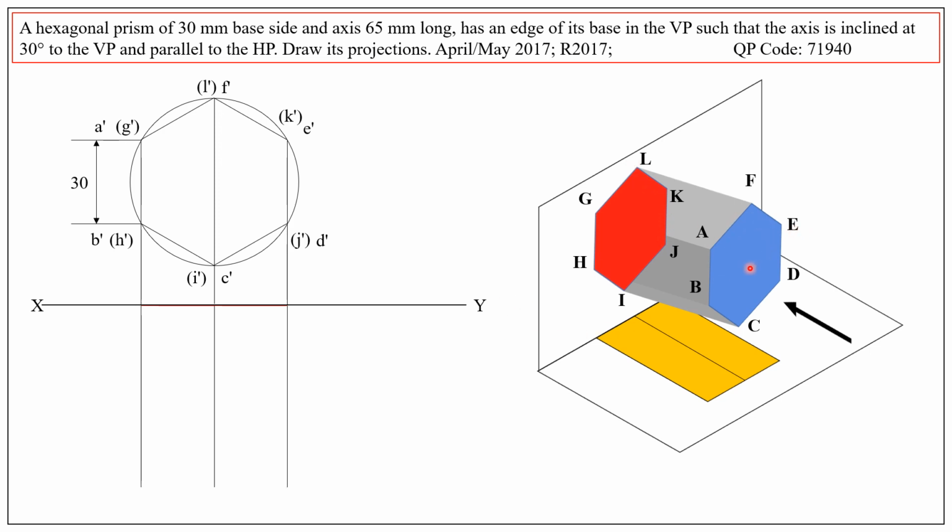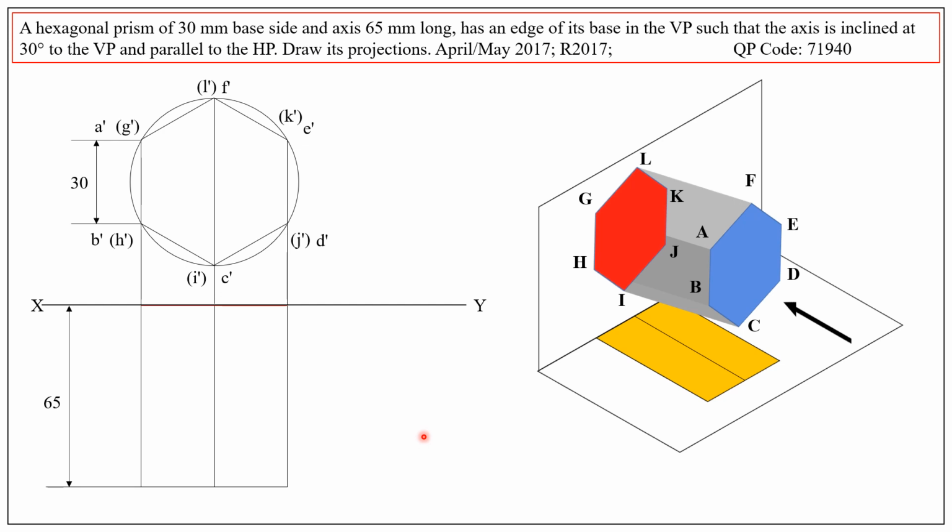What about the top view of hexagon ABCDEF? That will appear as a straight line, this one. So we need to draw this straight line here, at a distance of 65 millimeters, because the length of the hexagonal prism is given as 65 millimeters. So the top view is completed.